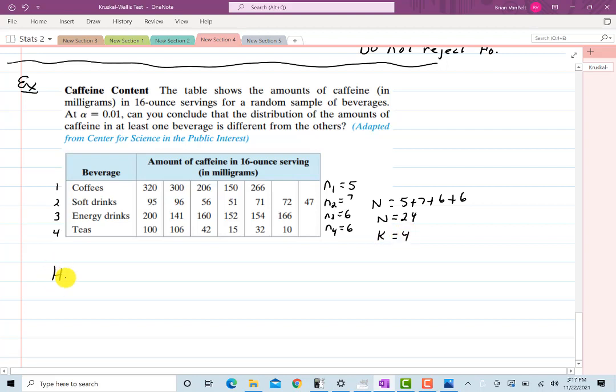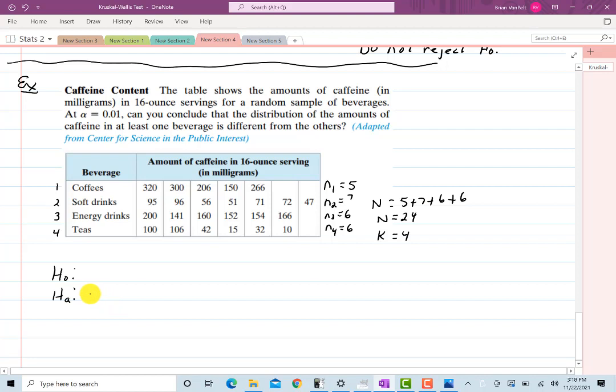Now let me get my H sub 0 and my H sub A. Let's see what we're trying to do here. The table shows the amounts of caffeine in milligrams in 16-ounce servings for a random sample of beverages. At alpha equals 0.1, can you conclude that the distribution of the amounts of caffeine in at least one beverage is different from the others?